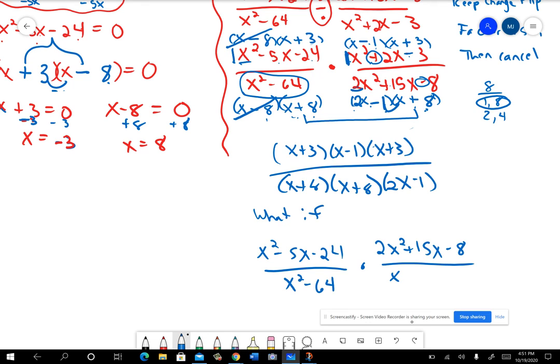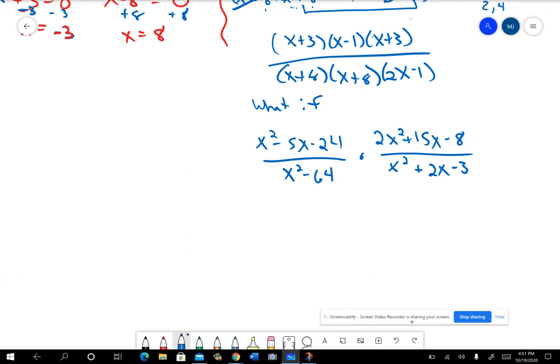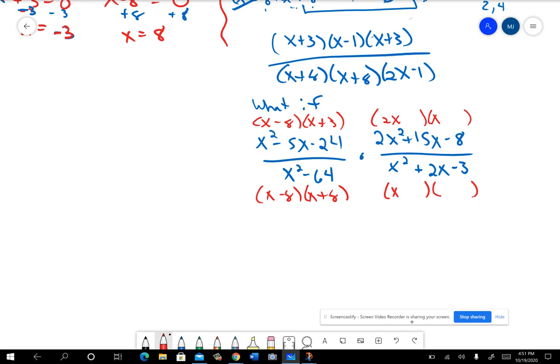But had the original problem, after you got it to multiplication, look like this, okay, then when you get everything factored, you go through the process of getting it all factored, you might be able to cancel out a little bit more, but you just cancel what you can, depending upon the situation.